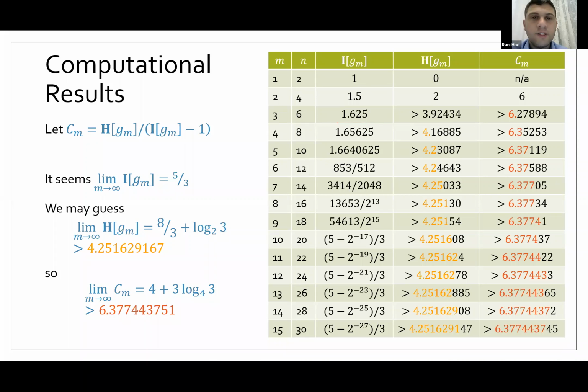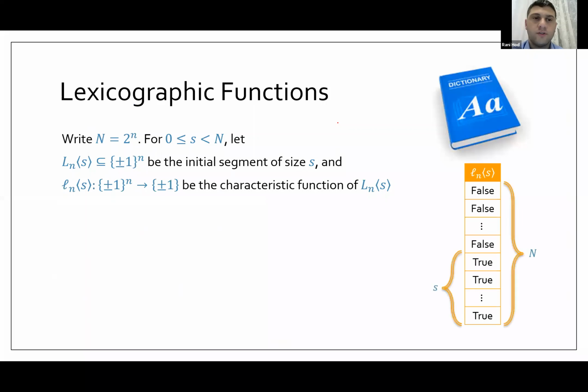Okay, let's leave this for a moment and we'll go and explain another part of the title, lexicographic functions. So these functions go like this. I'm going to decide in advance how many of the outputs are going to be true.